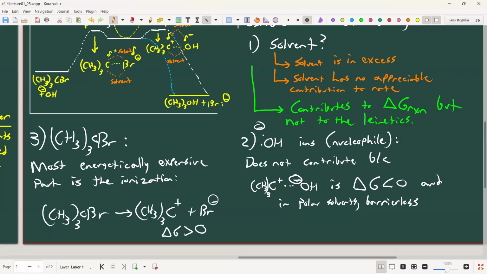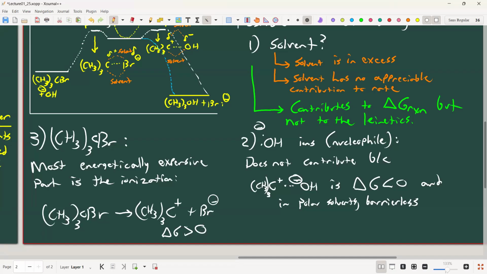So the thing that ultimately bottlenecks our reaction is not the solvent. Solvent's just there. It's not the OH, because by the time the OH is ready to react, the system is prepared and ready to go. The moment that OH sees that cation, it just connects right in. So the only thing that can be left is the concentration of the reactant itself.